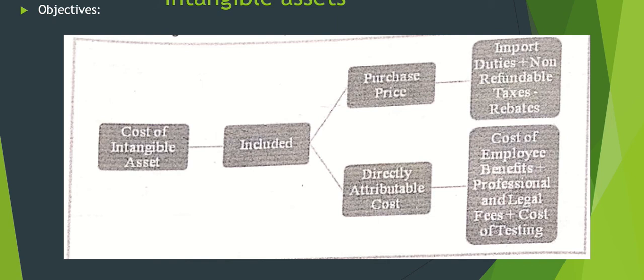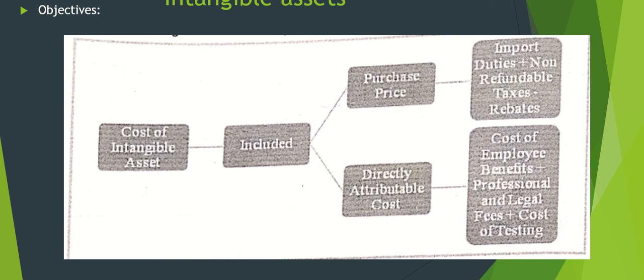So what does the standard talk about regarding intangible assets? It basically talks about the treatment for intangible assets that are not dealt with specifically by another standard. It covers the accounting treatment for intangible assets according to Ind AS 38. It requires an entity to recognize intangible assets. So which items are considered intangible assets?